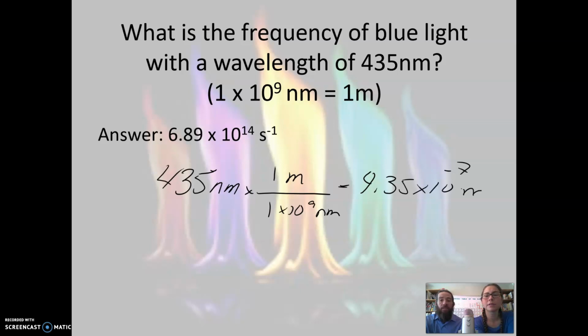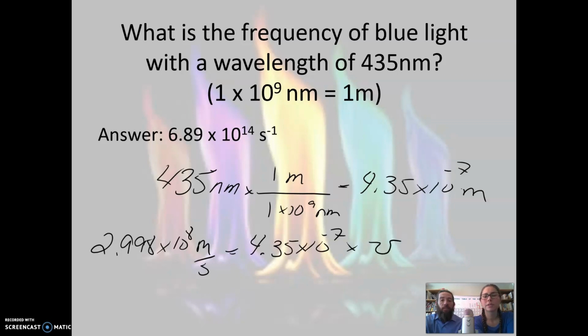So our speed of light, 2.998 times 10 to the 8th meters per second, equals our wavelength times our frequency. And we can solve for frequency and we'll get that.